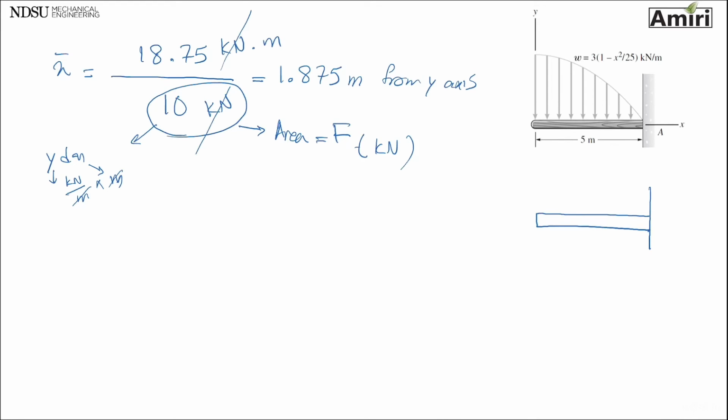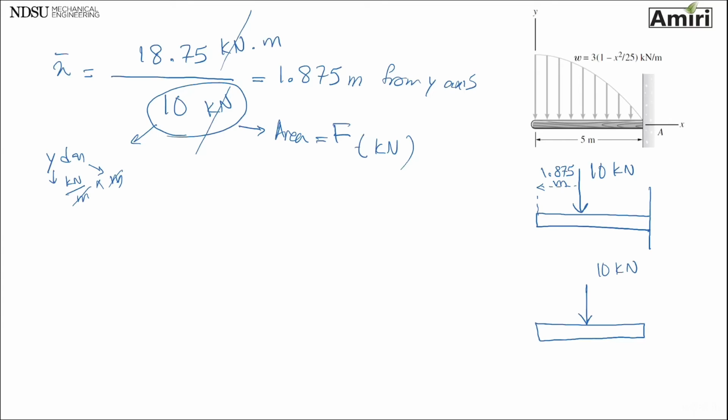So what we've done is we replaced this distributed load by a force of 10 kilonewton located at a distance of 1.875 to the end of the beam or y-axis. All right, now we can go back to our free body diagram of a beam, put active forces on there, and reactive forces.